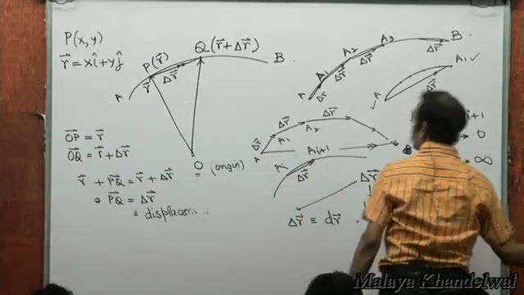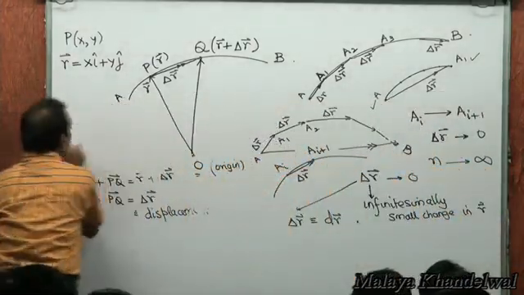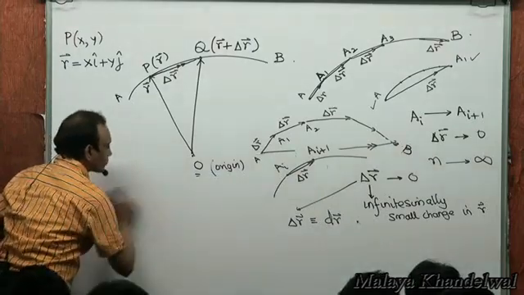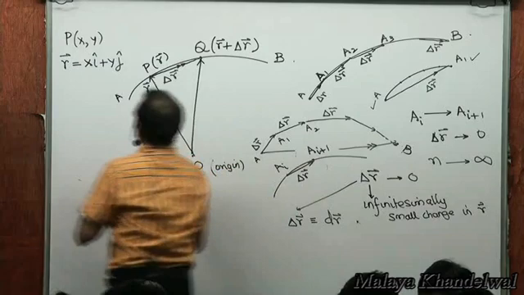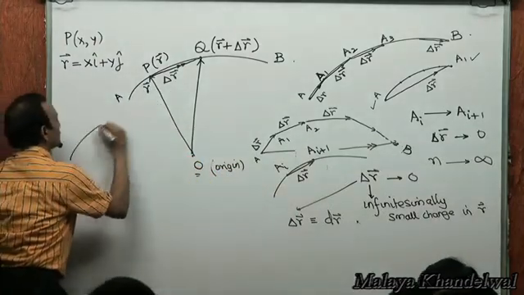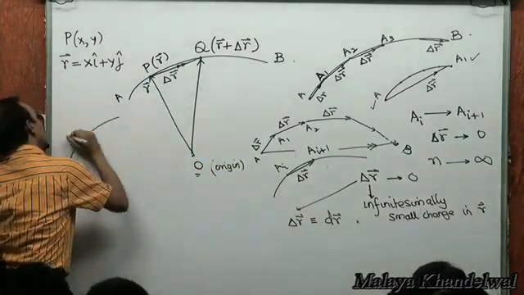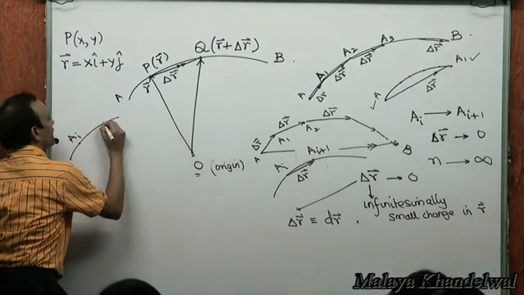Now, while this delta r, let's say there is a point ai and there is a point ai plus 1.